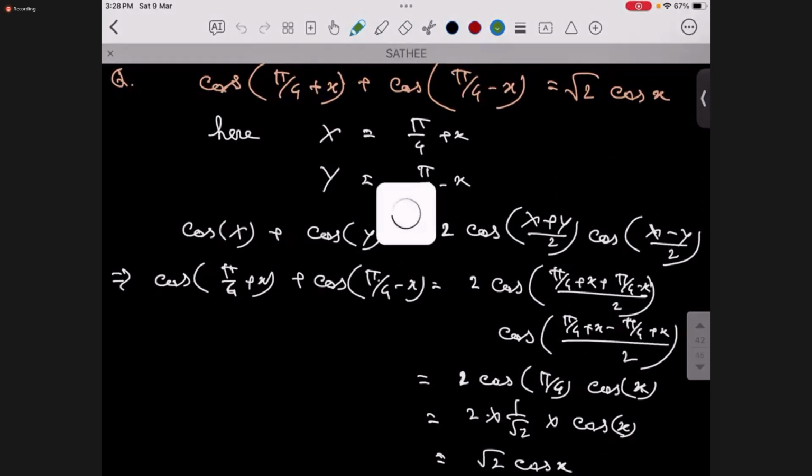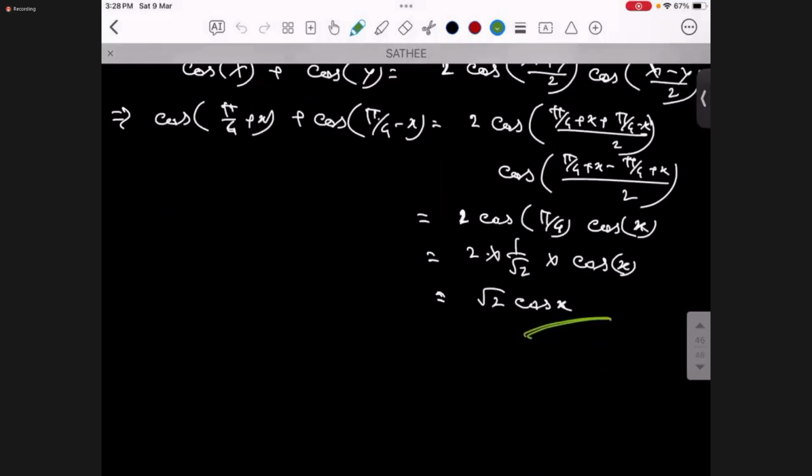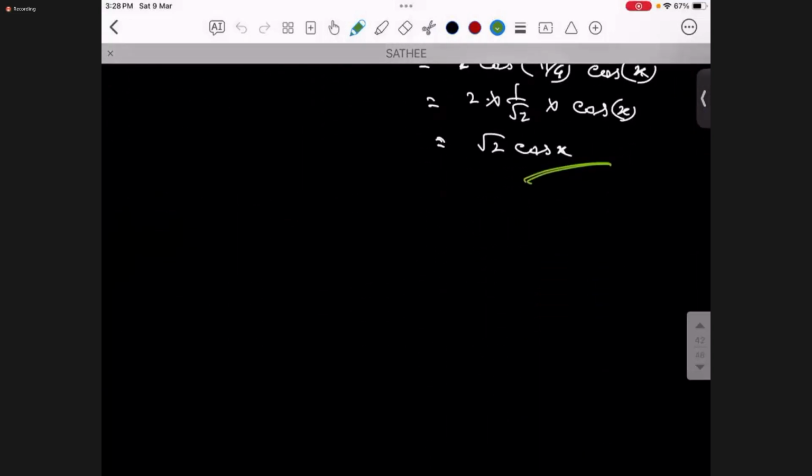Okay. Now let us do another example using this formula so that this can become more clear.